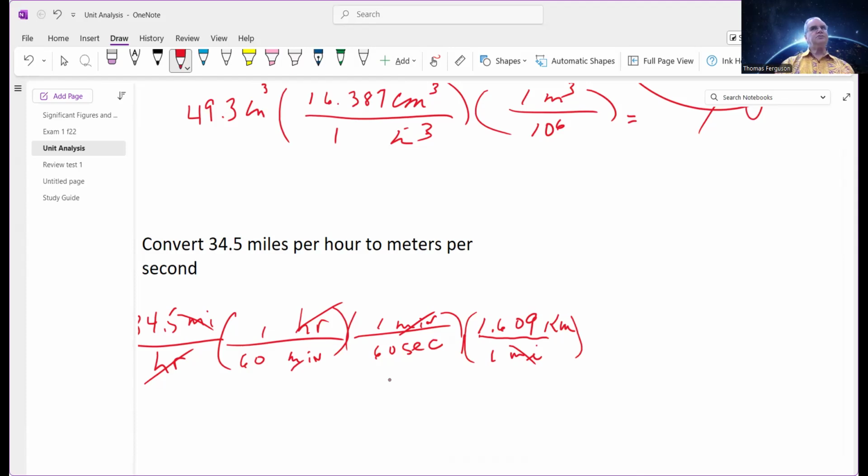Whatever suits your fancy. Okay, now we're in kilometers, we need to go to meters. Okay, so everything cancels except for meters per second.